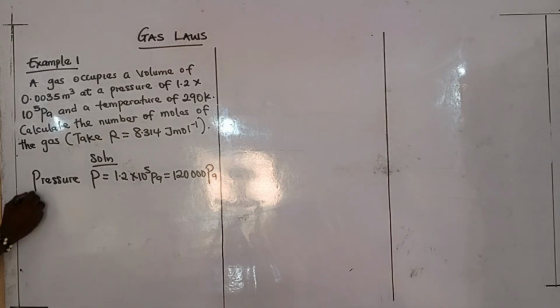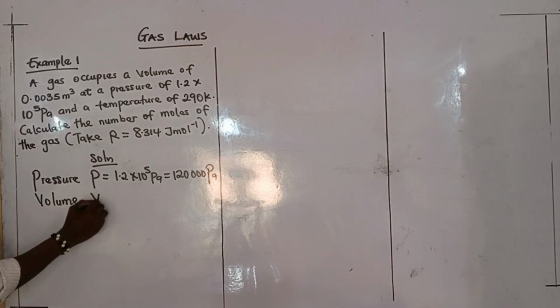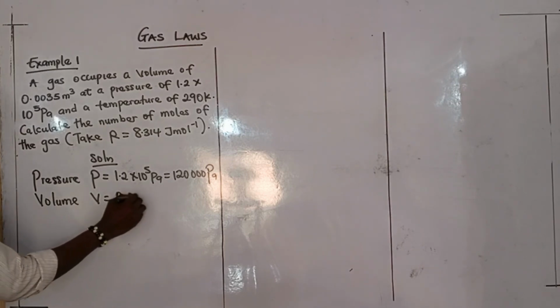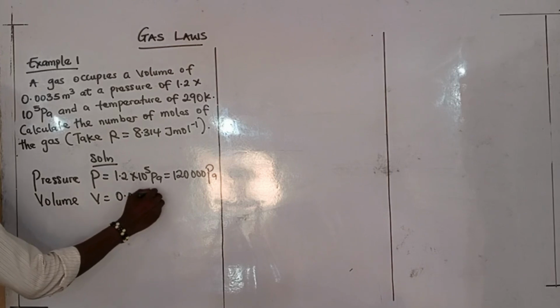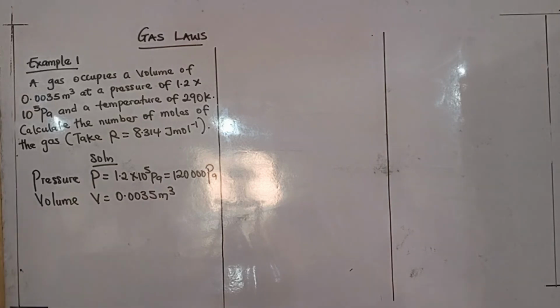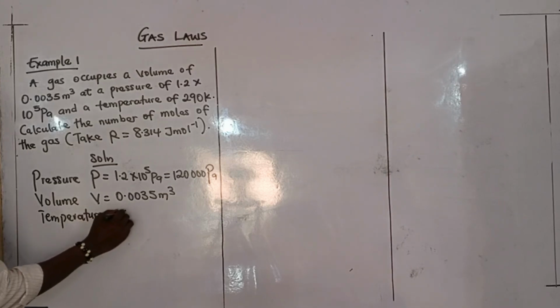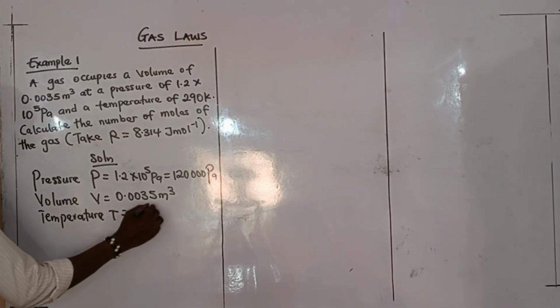Then we have our volume, which is V, to be 0.0035 meter cube. Then we're given temperature, our temperature, which is T, is equals to 290 Kelvin.